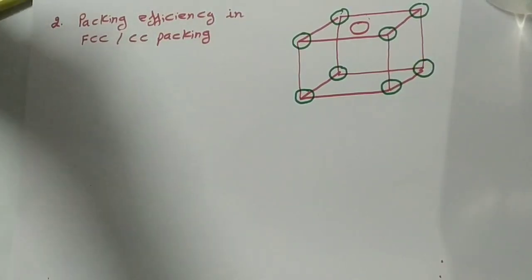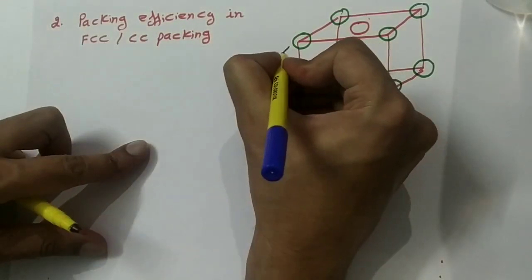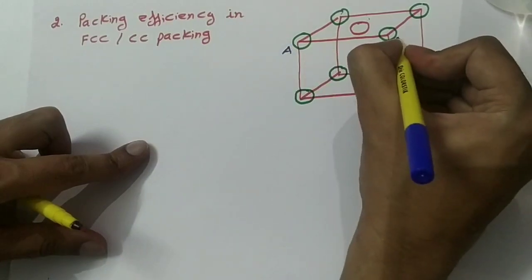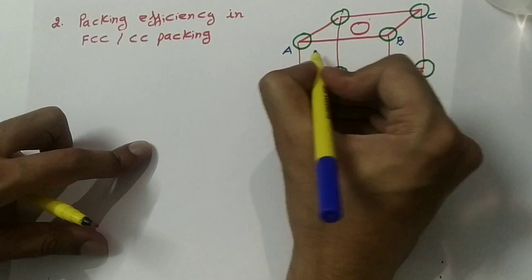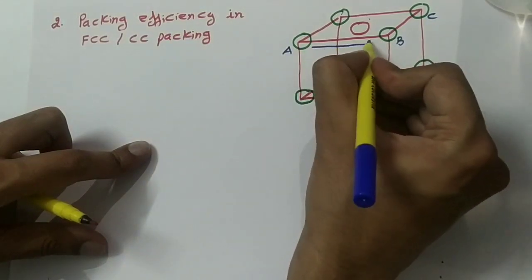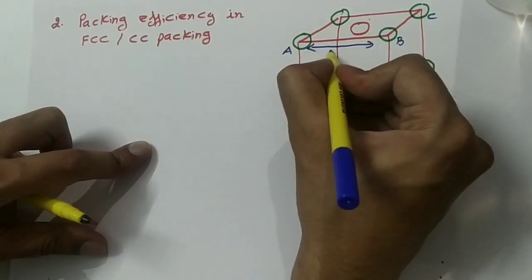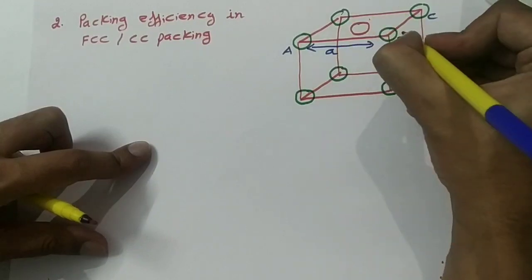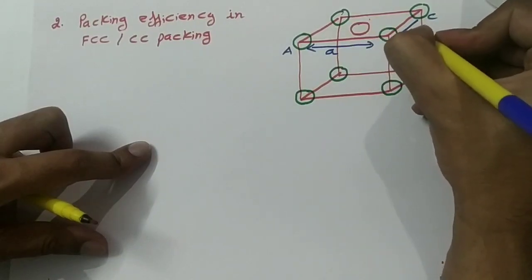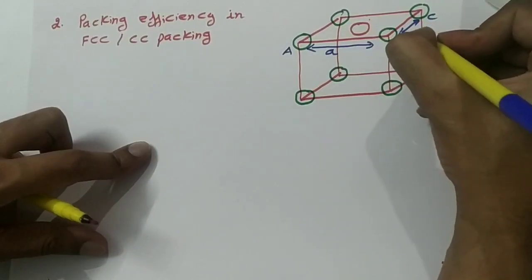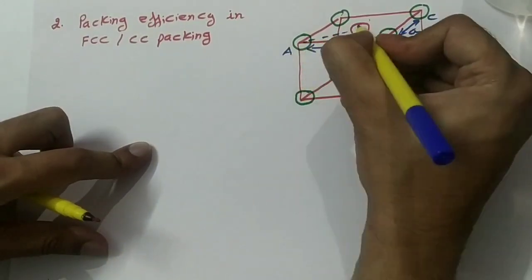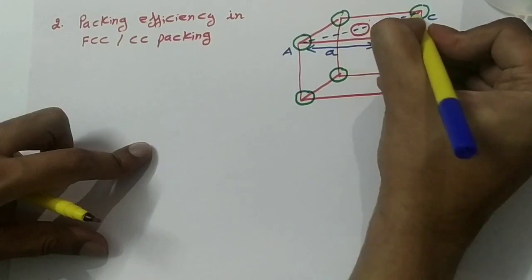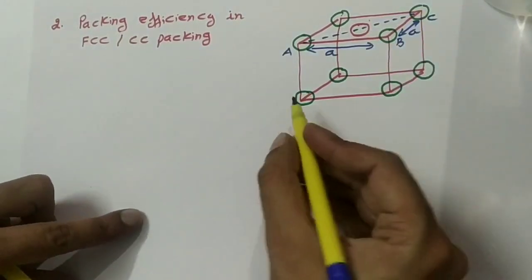I'll label these points as A, B, and this point as C. AB is the edge length a. Similarly, BC is edge length a. Join the corner AC.